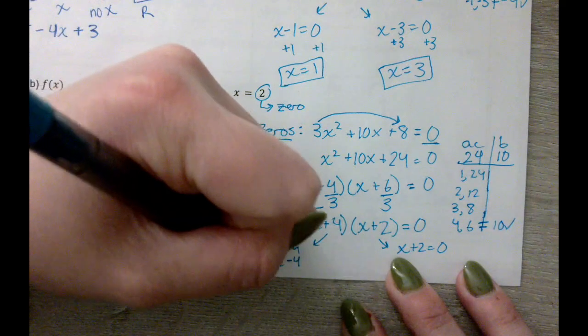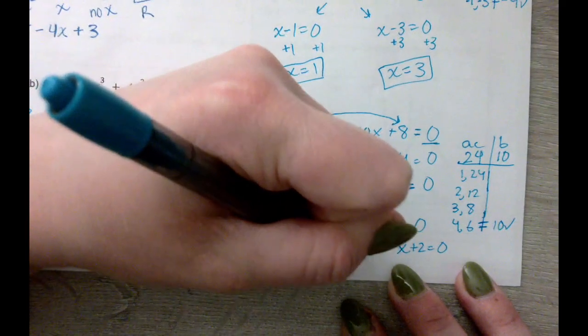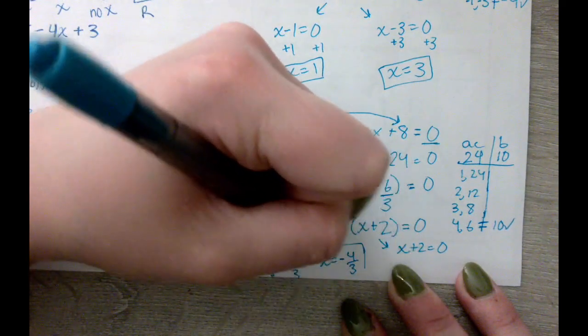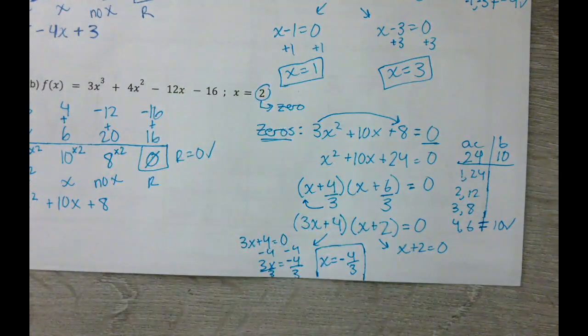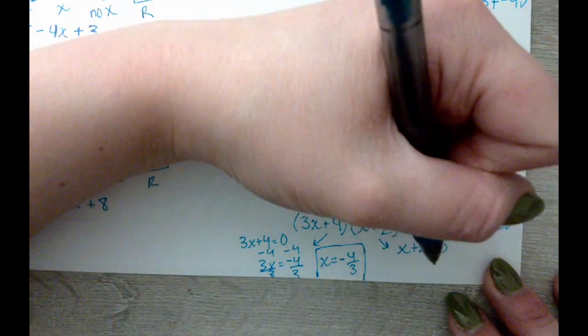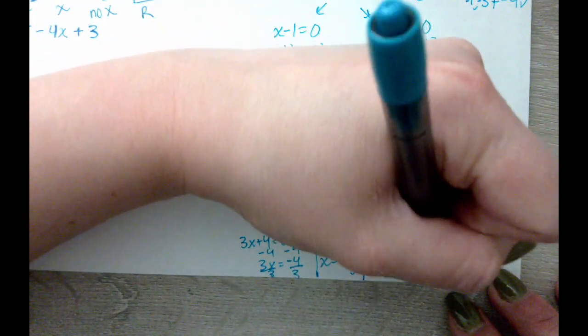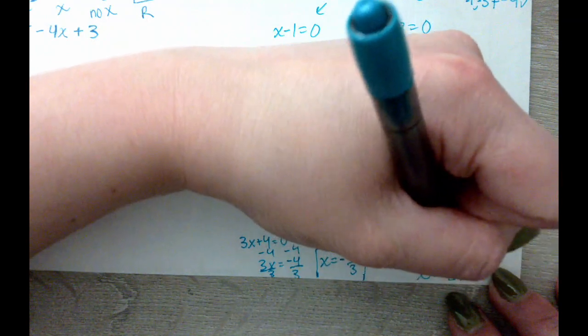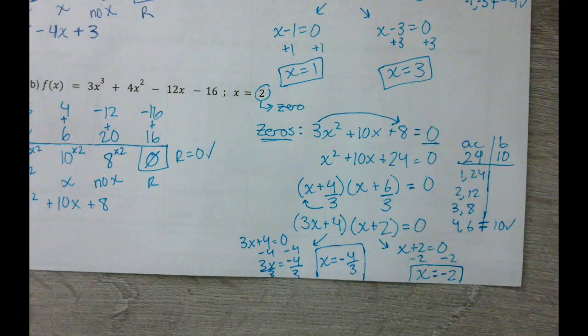And then divide by 3. x is -4/3. And then x plus 2 equals 0. Subtract the 2. x equals -2. We are done there.